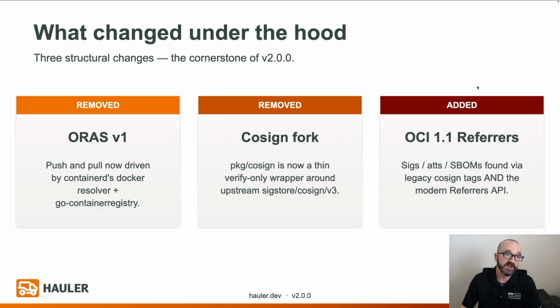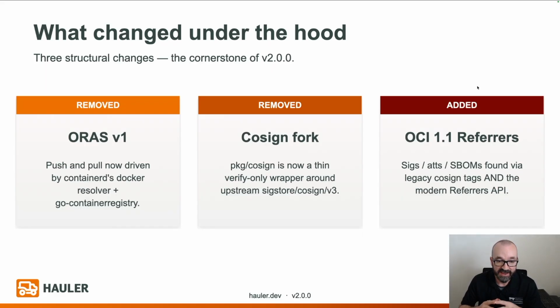So what are some examples of that? Some is that we were able to remove some middlemen like Oras. We used v1 of Oras, and that sparked the conversation to begin with, in that it was outdated. We really needed to move to v2 if we were going to stick to Oras.